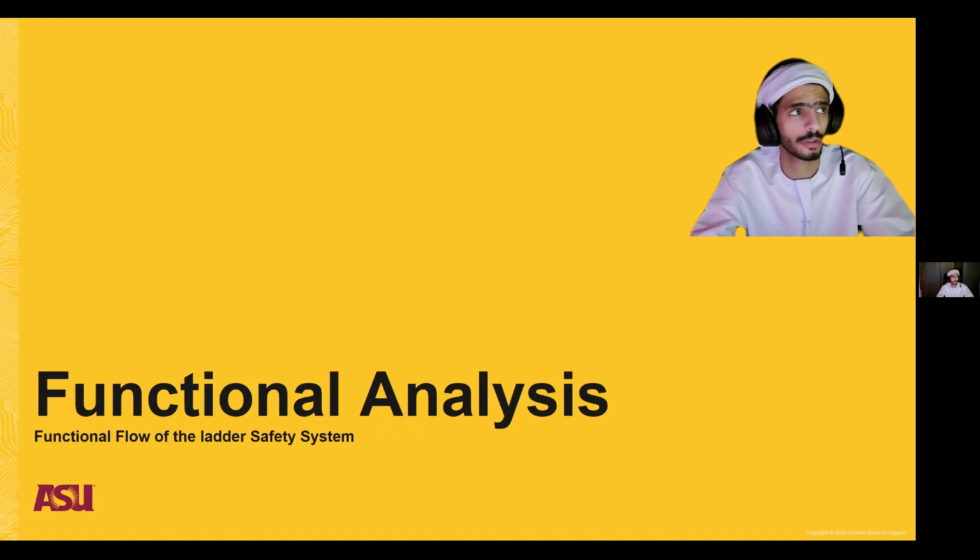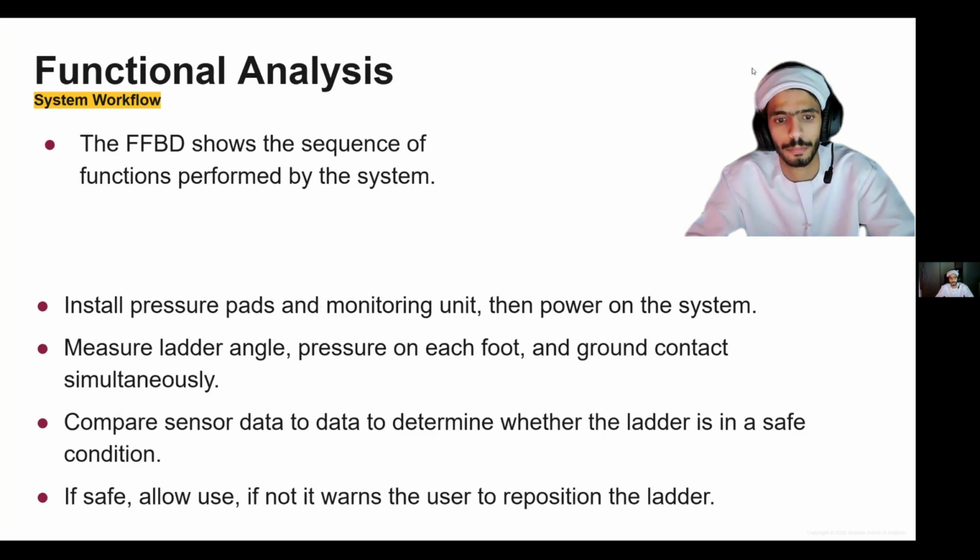Functional analysis, the functional flow block diagram. The process starts by installing the pressure pads and the monitoring unit onto the ladder. Once everything is connected, the system is powered on and performs its initial setup. The system then performs 3 different and important checks at the same time.